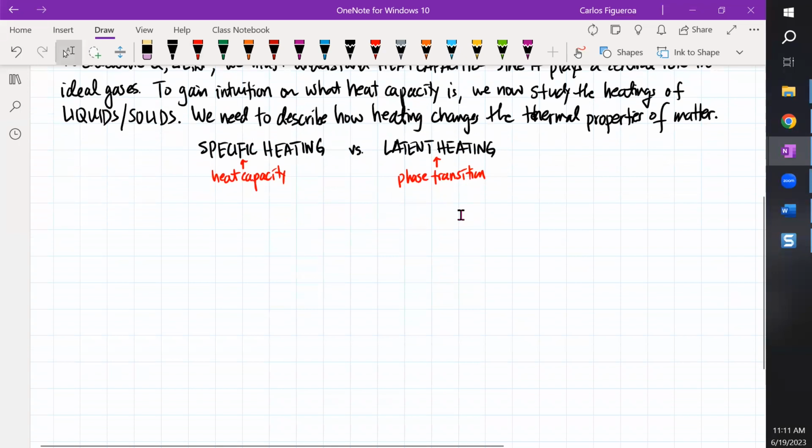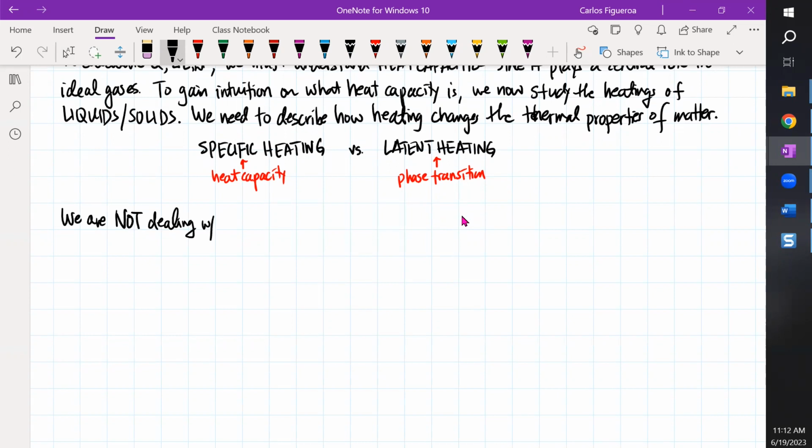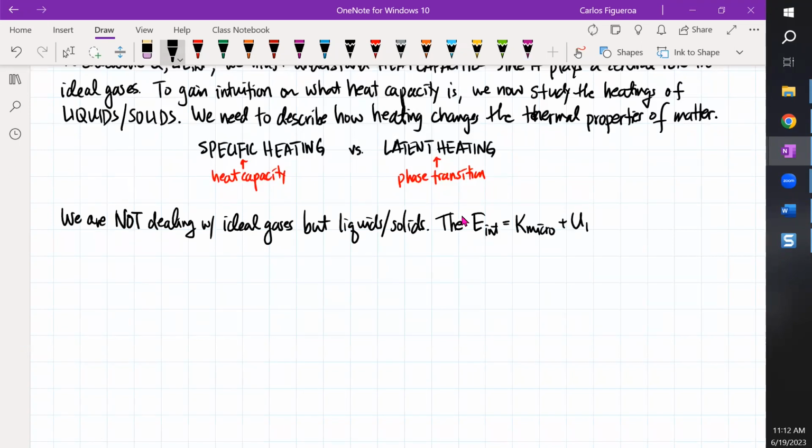So now I'm going to start with the thermal properties of matter. Once again, we are not dealing with ideal gases, but liquids and solids. The internal energy now has two terms. It has KEmicro, and now because there are bonds, we have to include PEmicro.